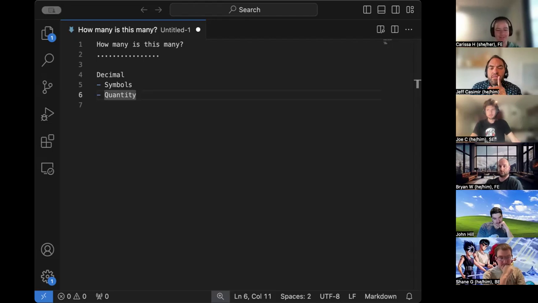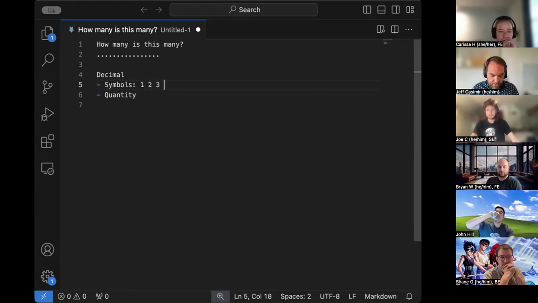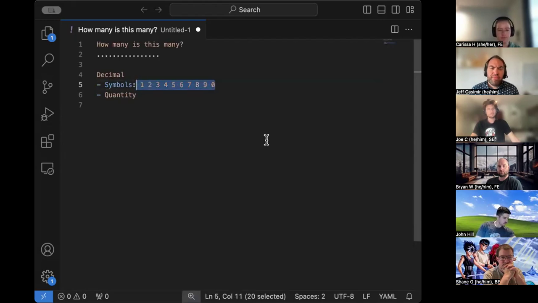How do these systems work? Okay, so in the decimal system, we have several symbols. They're very familiar to you. They do not inherently have any meaning other than their assigned and understood place in the number system.